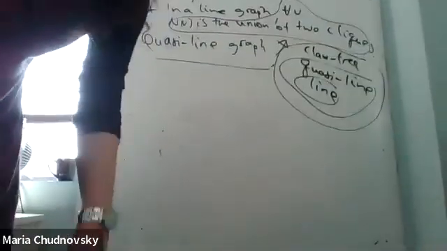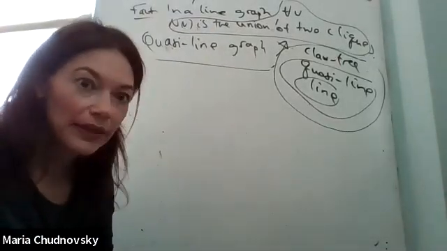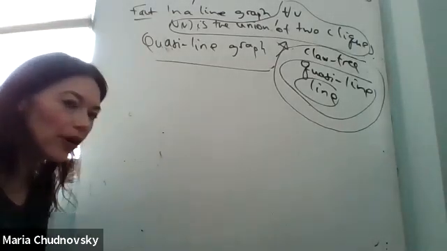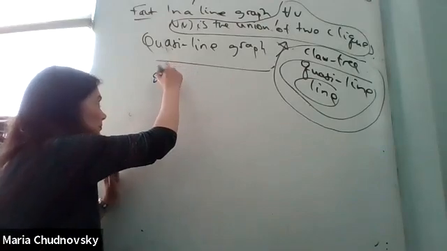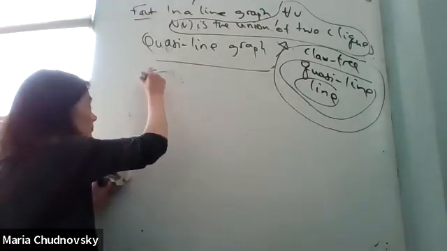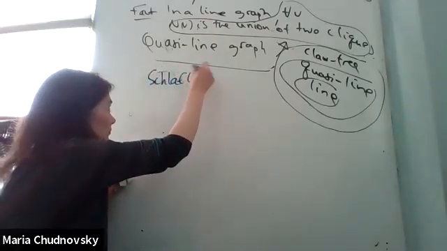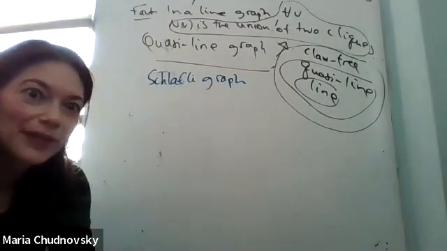So first of all, let me construct a claw-free graph which is not a quasi-line graph. And this is a construction that some people might know from geometry. It's called the Schläfli graph. So the Schläfli graph is the following.